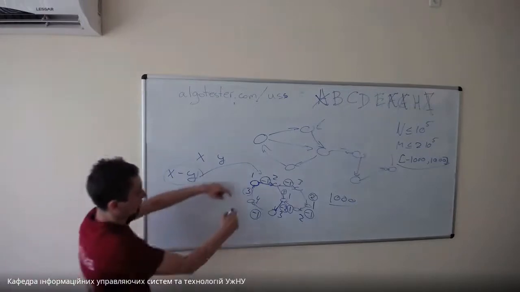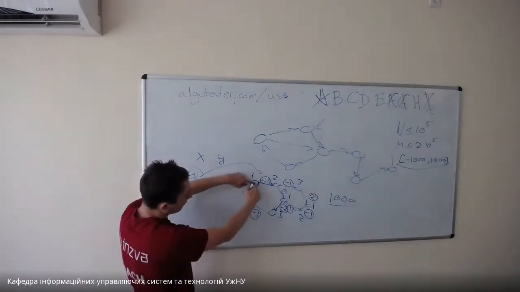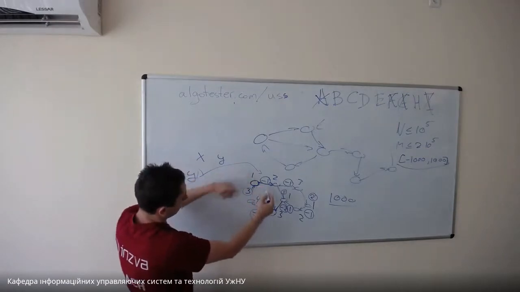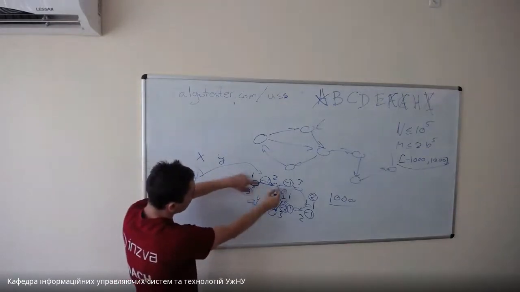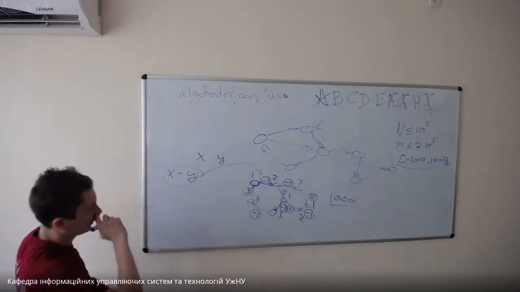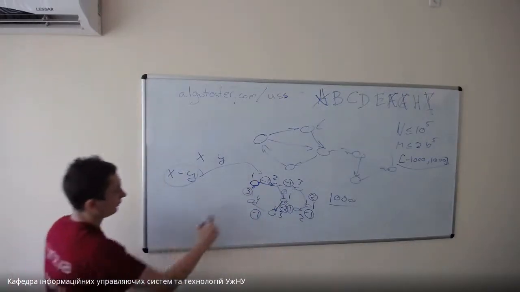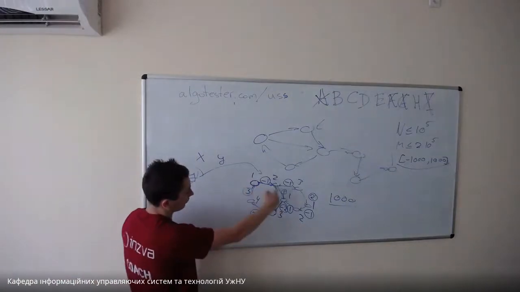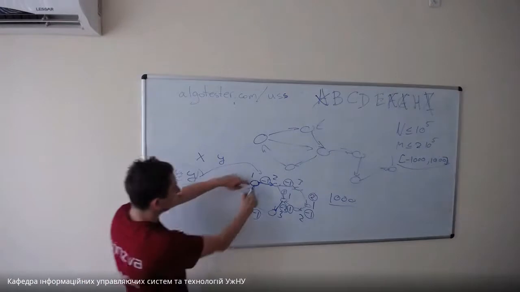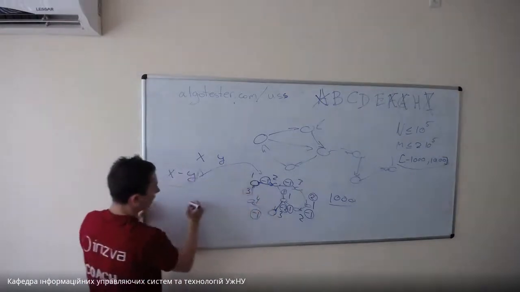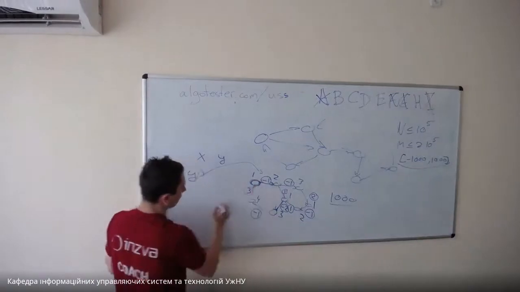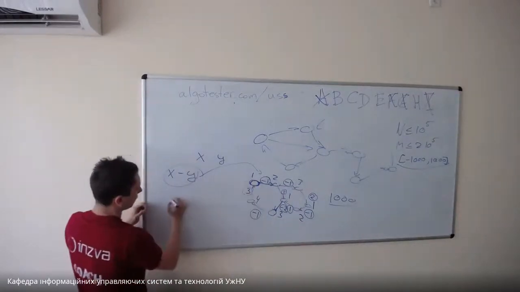Let's start in one particular vertex and go through some cycle. Let's start at some vertex and we have a color of this vertex 1.